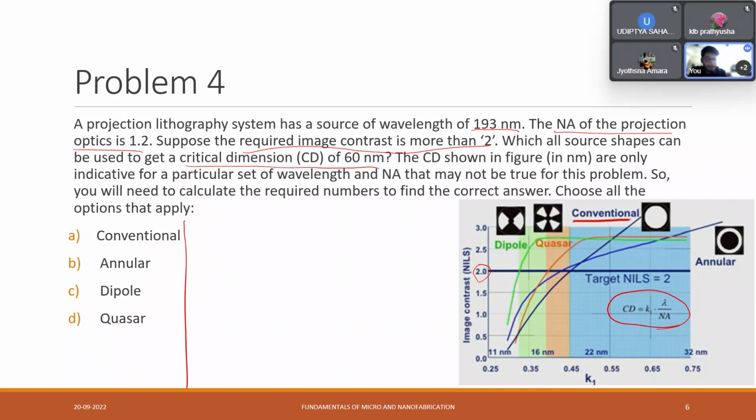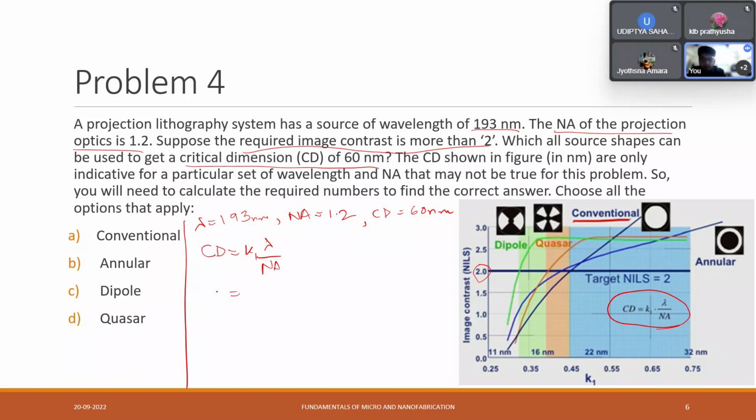We have wavelength given as 193, and NA is given 1.2. Image contrast is more than 2, and CD is given. Okay, so we know from the figure that CD equal to k1 lambda by NA.